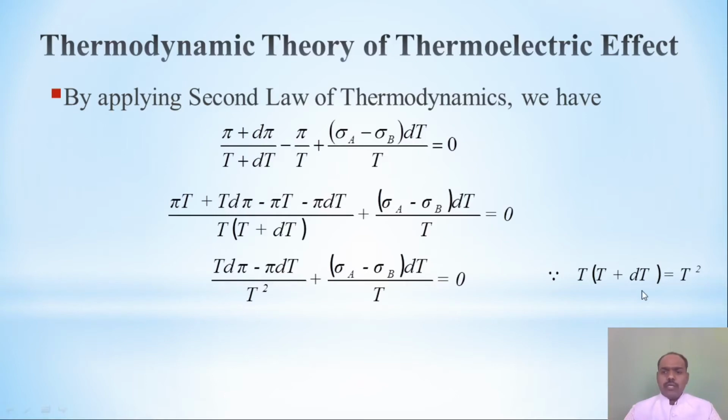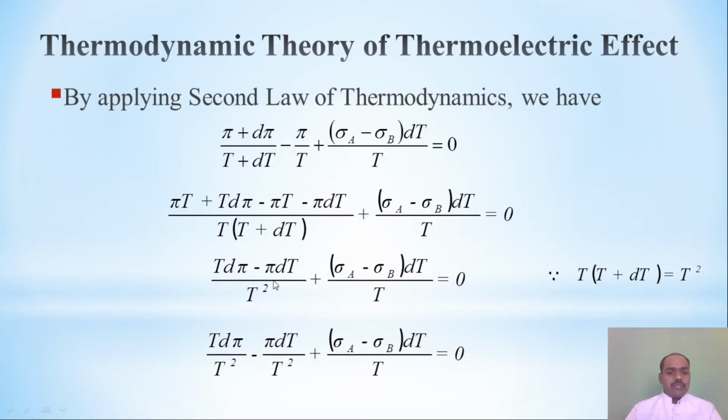Therefore, T into T becomes equal to T square, and the denominator here becomes T square. I have written this term as it is. Now, if we separate this, we will get T d pi by T square minus pi dT by T square plus (sigma A minus sigma B) into dT divided by T is equal to 0.